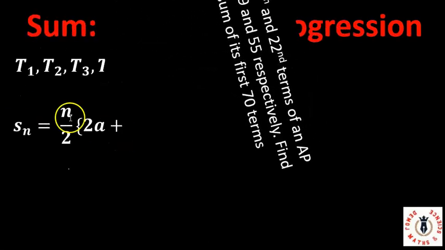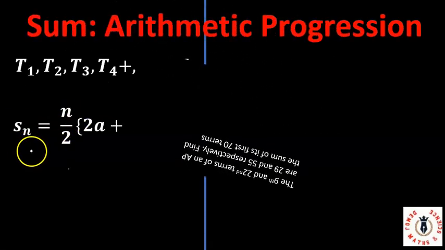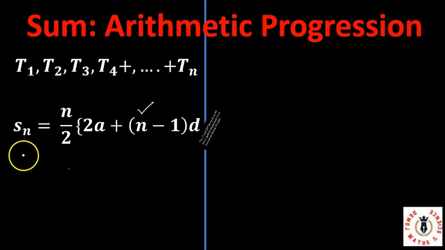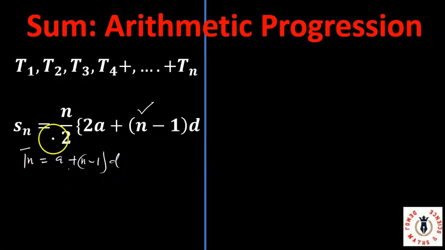Now, by now you'll be familiar with this equation for the nth term of an arithmetic progression that says Tn is equal to a plus n minus 1 into d. Here a is our first term and d is the common difference, so that if T1, the first term, is equal to a, my T2, the second term, will be equal to a plus d.